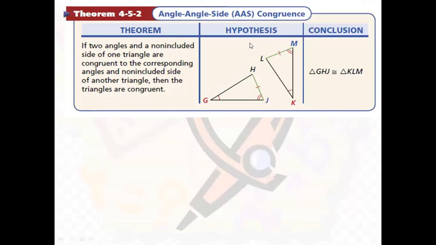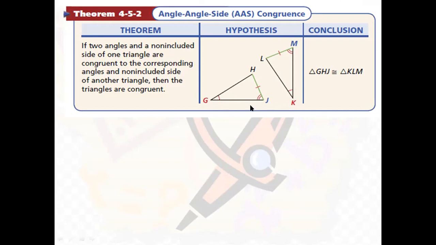Not to confuse you with AAS, this is angle angle side, which means two angles and a non-included side. Now, if you know what is an included side, the opposite of that is a non-included side. If I ask what is the included side for angle G and J, the included side is GJ, the segment GJ.